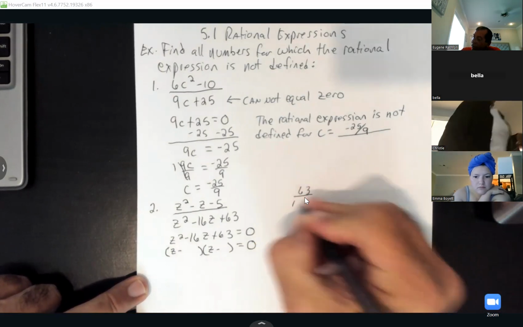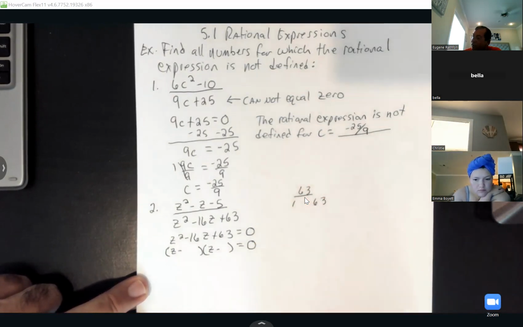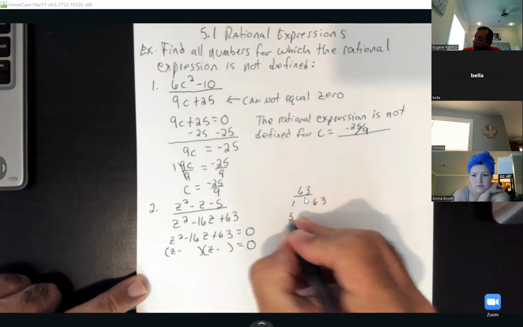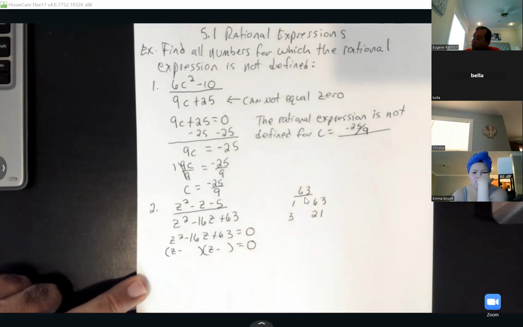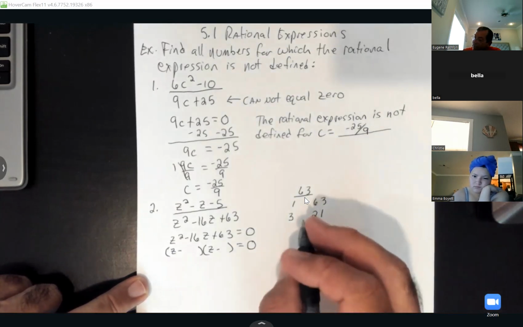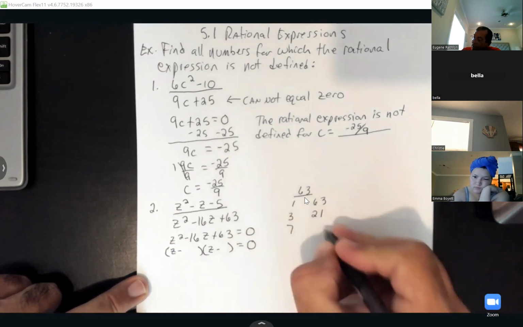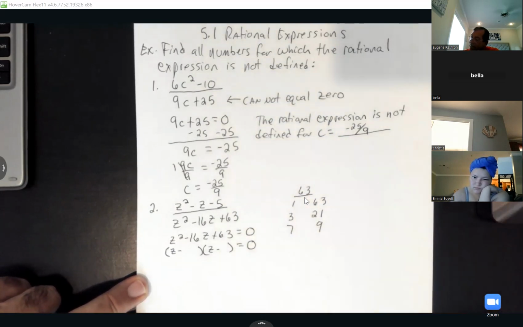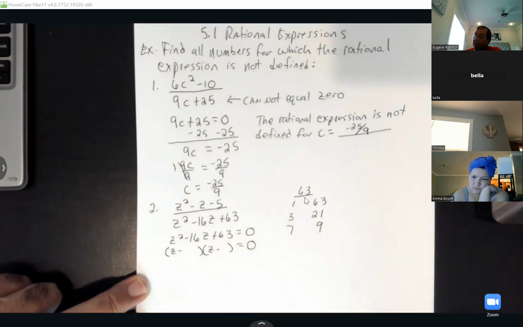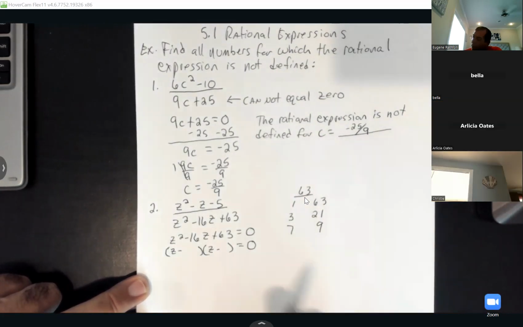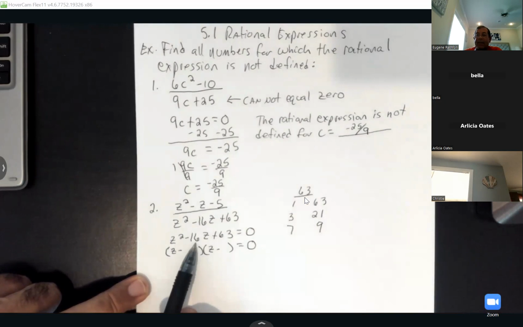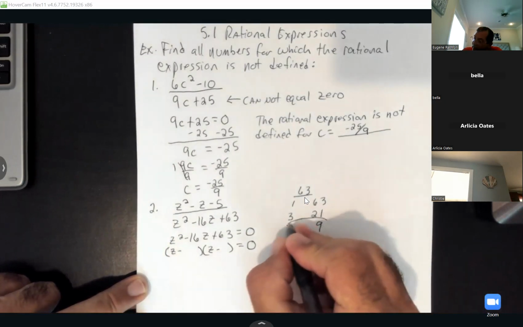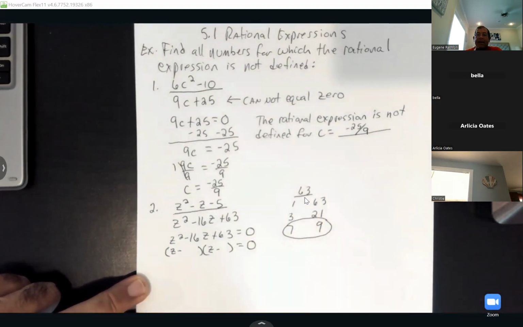So 63 could be 1 and 63. It could be 3 and 21. Oh, let's see, what else can I do? I can do 7 times 9. And that's all the ways I can multiply to get 63. So the factors that add to get me a negative 16 will be the 7 and the 9.